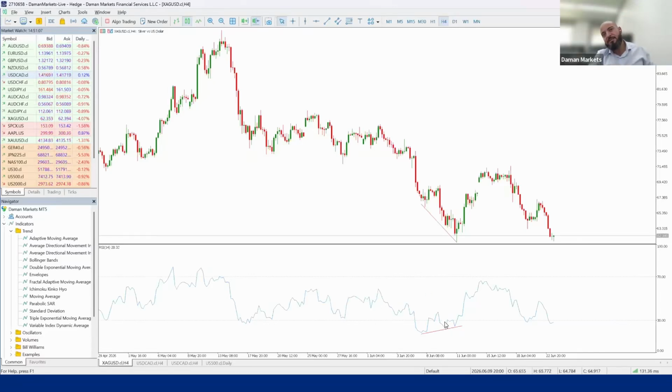What happened after this classic bullish divergence? Prices went up. So here I have a classic bullish divergence, and then I have a break of the trend line.